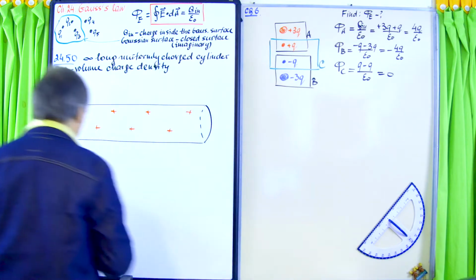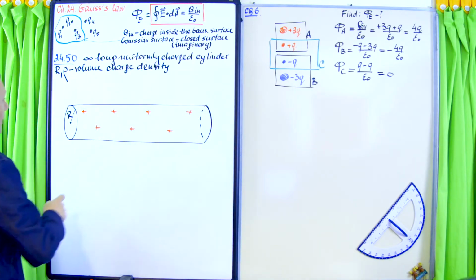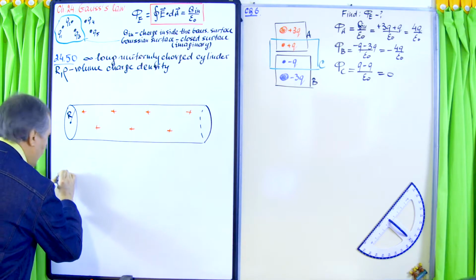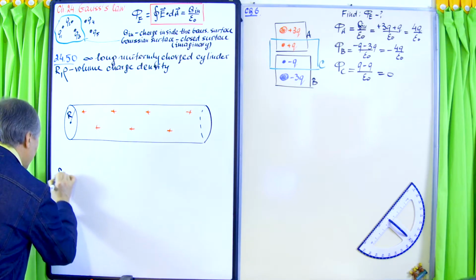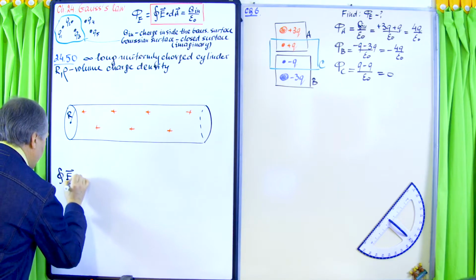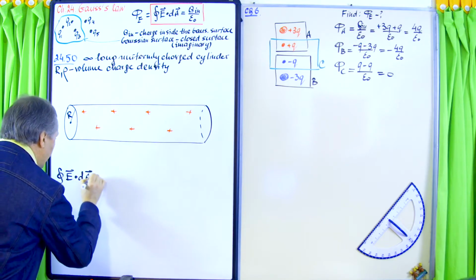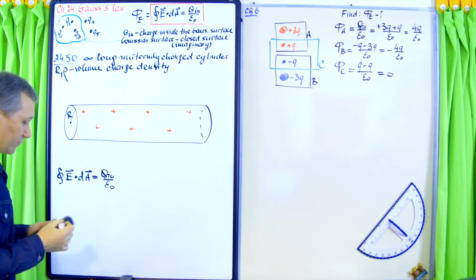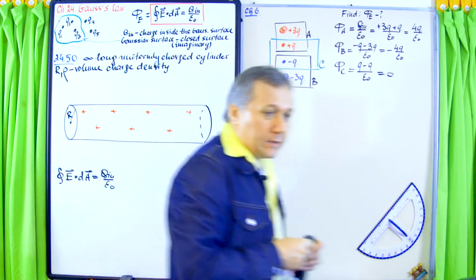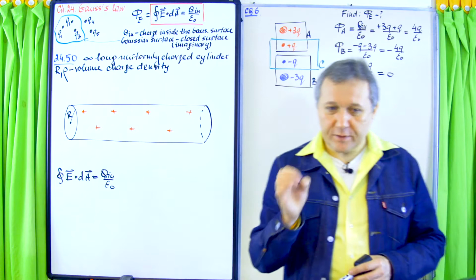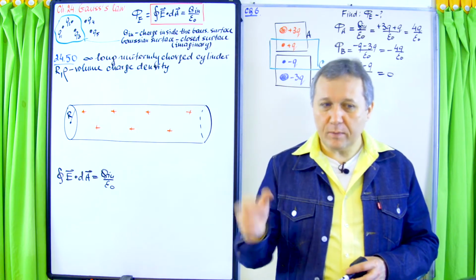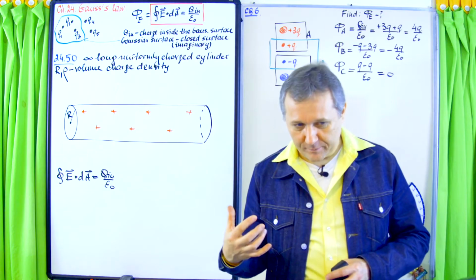So Gauss's law, and of course I will write it underneath. The integral of E dot dA equals Q enclosed over epsilon naught. I just rewrote it. And what should be the first step? Without that step, we wouldn't be able to move any further.